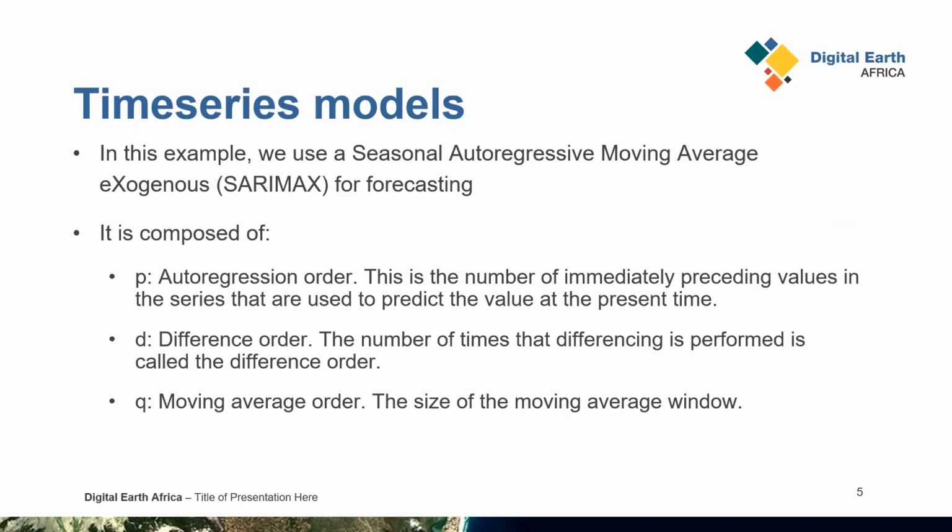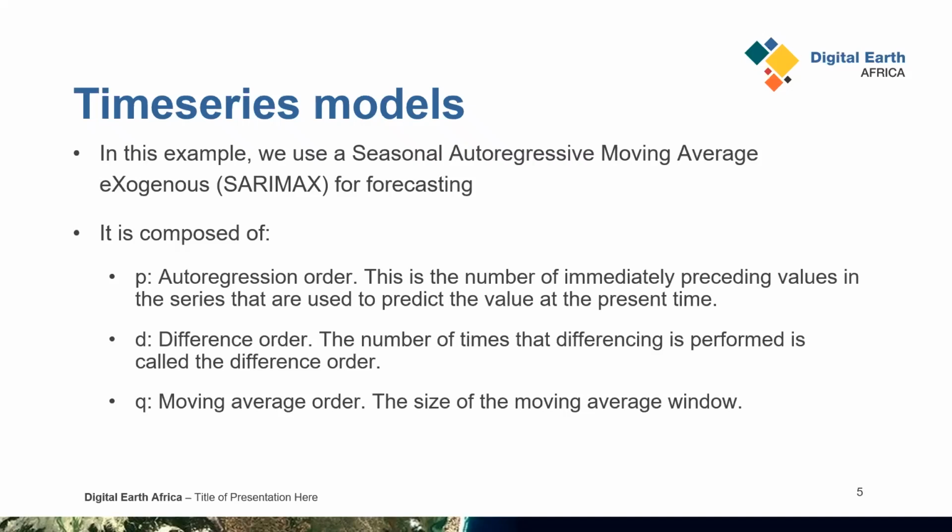If the value of P was 3, then the auto-regression order was 3, then the value in April would be predicted based on values in January, February, and March, because it's using the 3 months immediately preceding the present time.